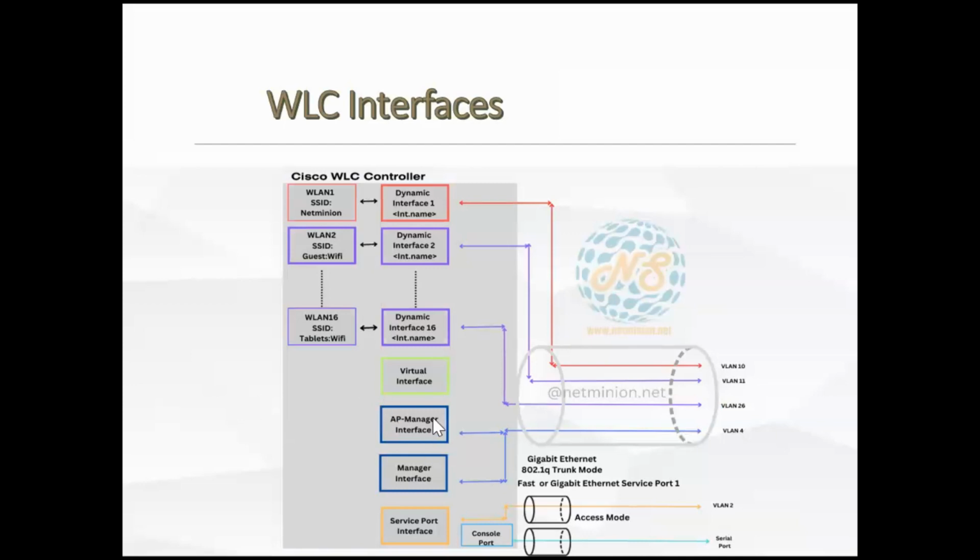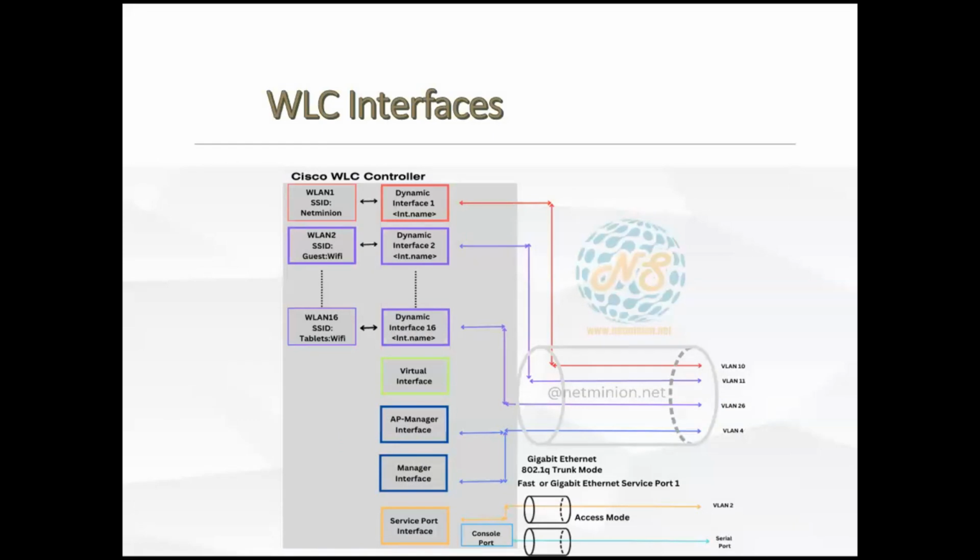Can you see this AP Manager interface? Have you heard about it? I heard about it, but I don't know what the use is. A controller can have one or more AP Manager interfaces, which are used for all of the layer 3 communication between your controller and your lightweight access points after they join the controller.